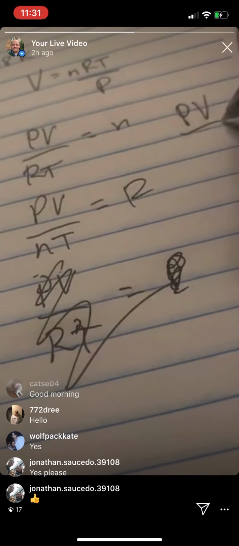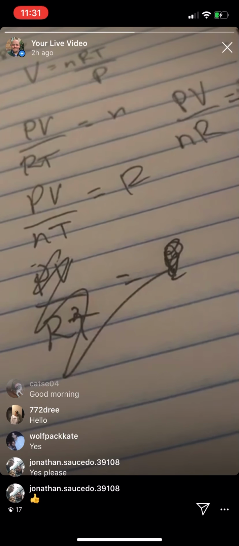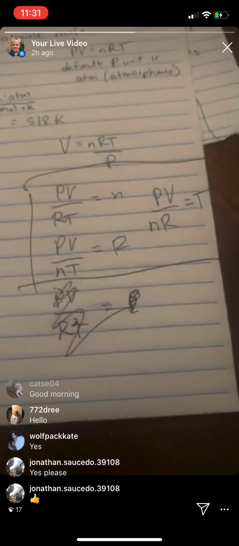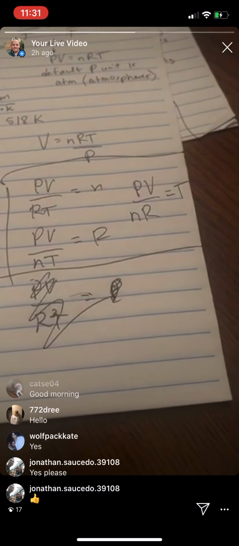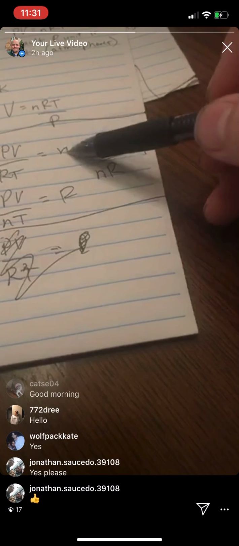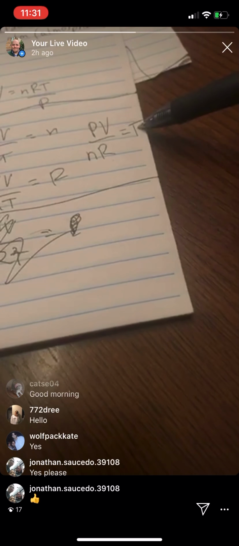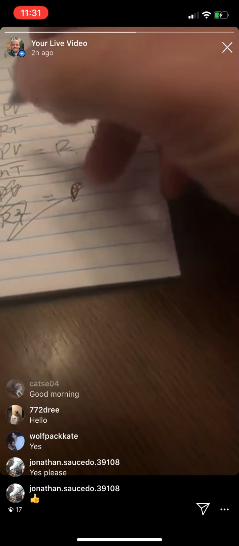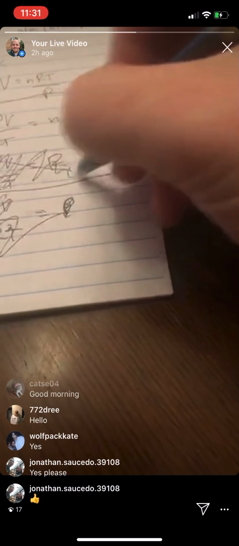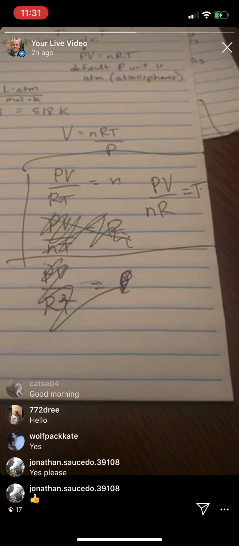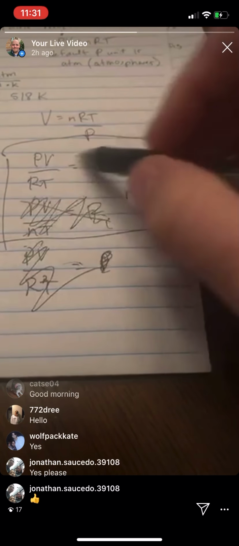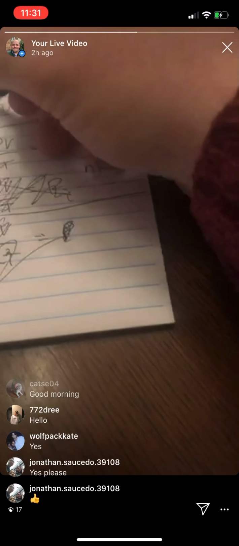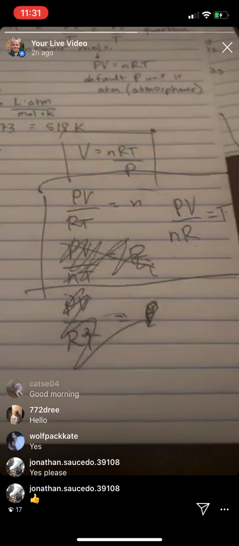There you go. So there's three of them. PV over RT equals N, PV over NR equals T, and then PV over NT equals R. This one right here, though, you're not going to use. I don't even know why I wrote that out, because it's a constant, so don't worry about that one. But you use these two, and we solve for volume. Oh, volume right here. That's how you solve for volume.